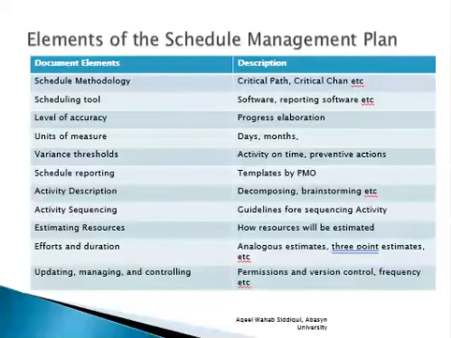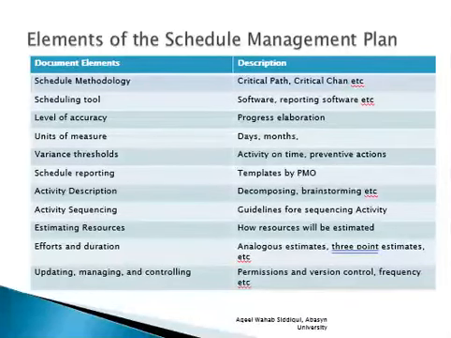The schedule management plan contains the schedule methodology, for example, critical chain method, critical path method. What will be our methodology in project schedule management? You will learn all these things in detail, don't worry.